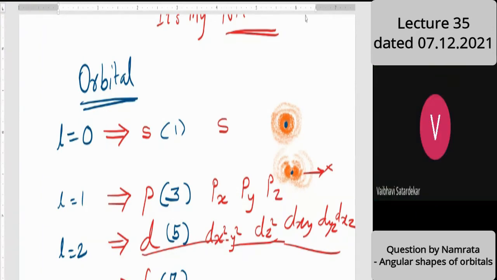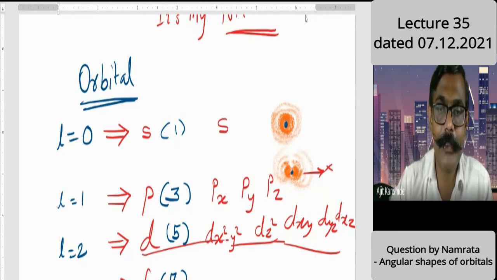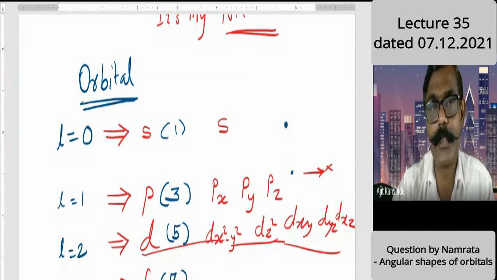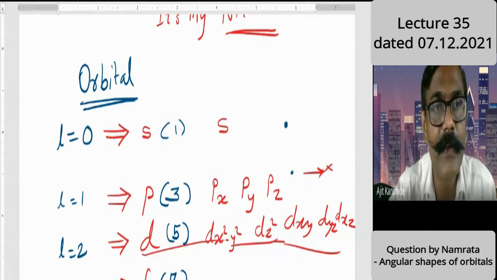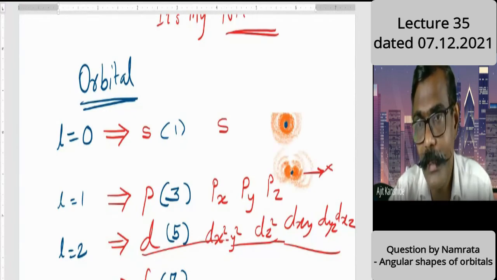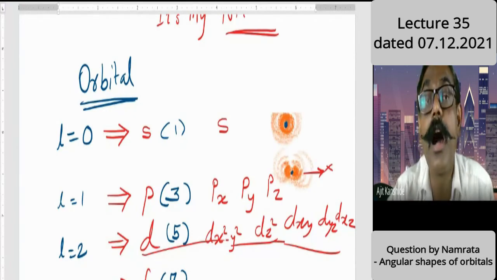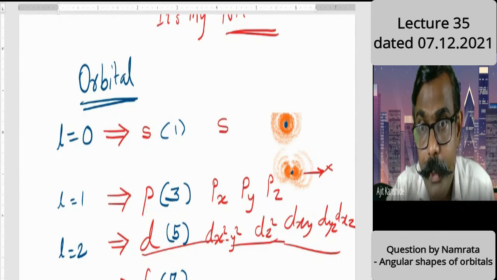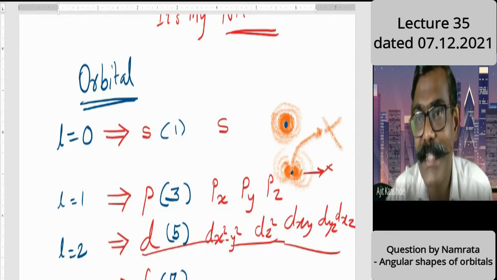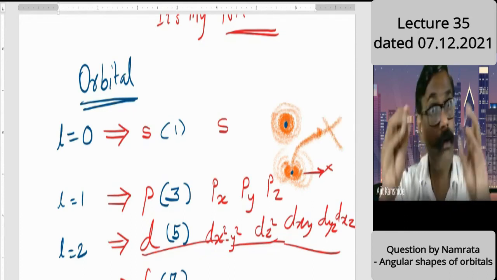Yes, sir. See, it is because of the Heisenberg uncertainty principle. There is uncertainty in finding the electron. So the electron is in the cloud. The electron is moving here and there in such a way that the electron is not at all at the nucleus. It is absent at the nucleus.